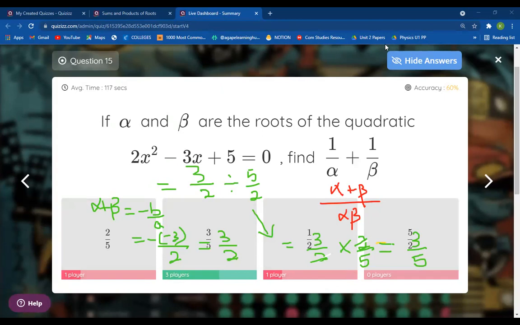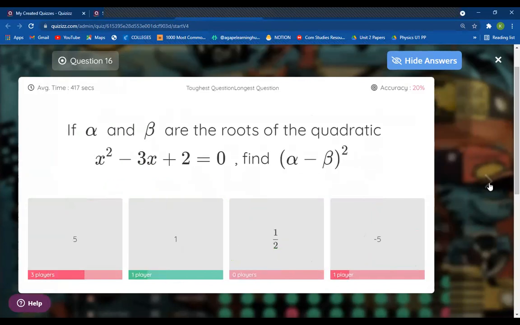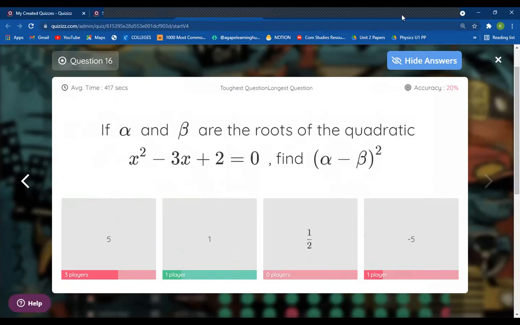Okay, let me just continue. Right, now the big, quote unquote, complex question. Let me show you one thing, please. Alpha plus beta, alpha plus beta squared.